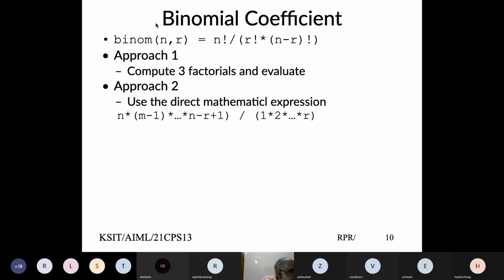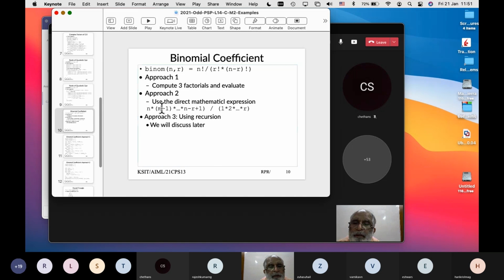So if we look at nCr, the binomial coefficient, this is the same as n into n minus 1. Again, I think I have a typo here. This would be n minus 1.